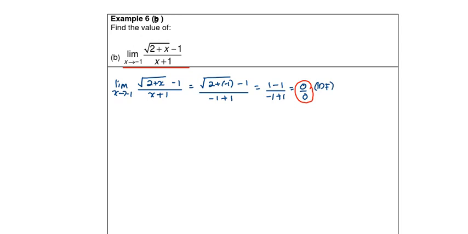In this case, we can simplify by using factorization or multiplication of conjugate. For this question, we use multiplication of conjugate because the numerator has terms in square root.